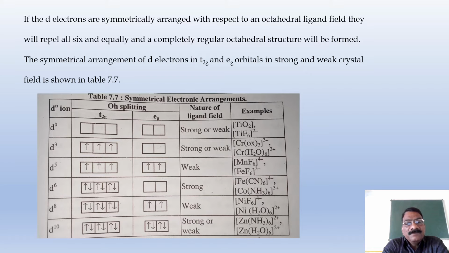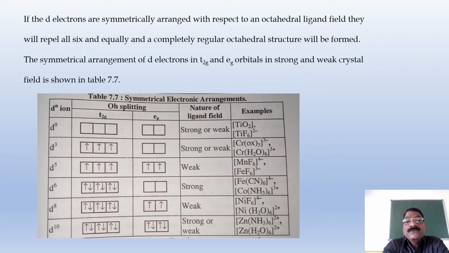Then the d8 system, either in weak or strong field. See, there are t2g6 and eg2, that means the 3 t2g orbitals have 2 electrons each and the eg orbitals have 2 electrons, so they are symmetrically filled. And the last one is d10, where the t2g orbitals are completely filled and the eg orbitals are completely filled, and it shows symmetry.